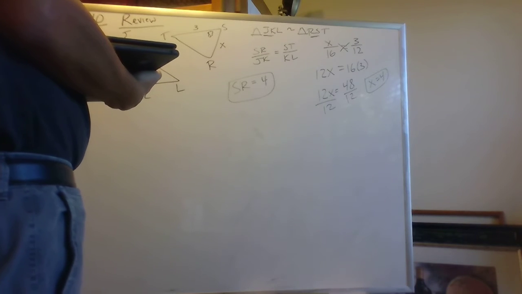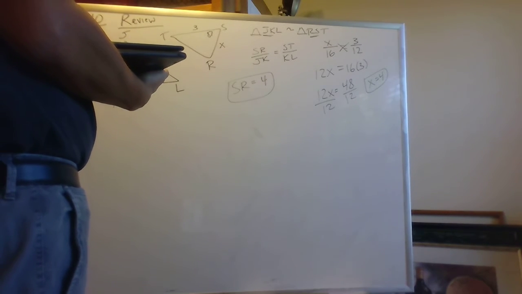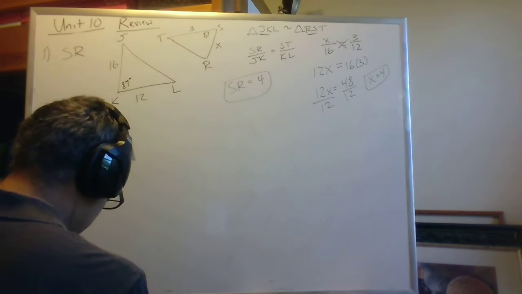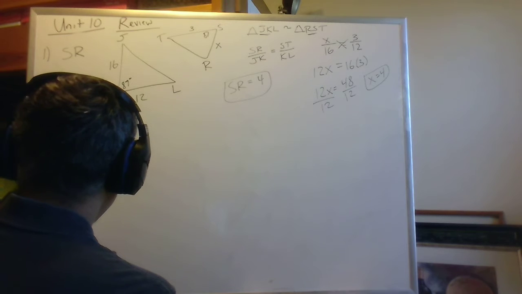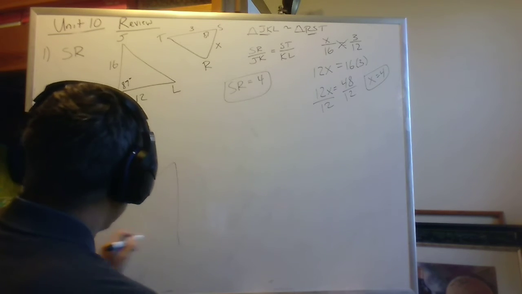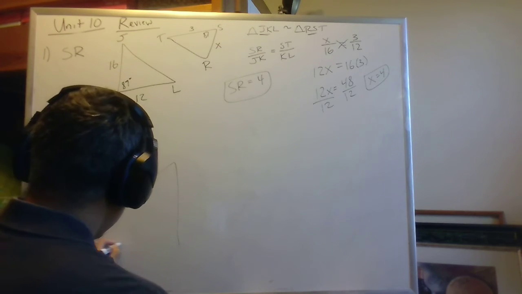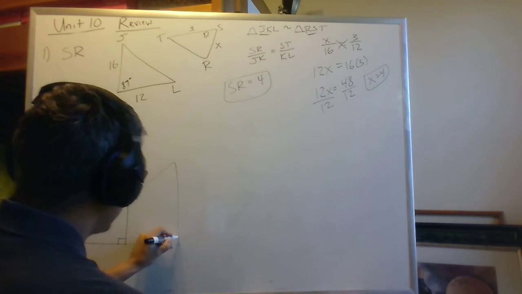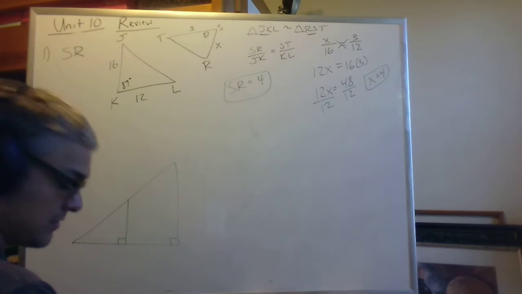All right, so let's look at problem 2. Problem 2 is very similar to problem 1. We have this smaller triangle that's a right triangle and a larger right triangle that is formed.